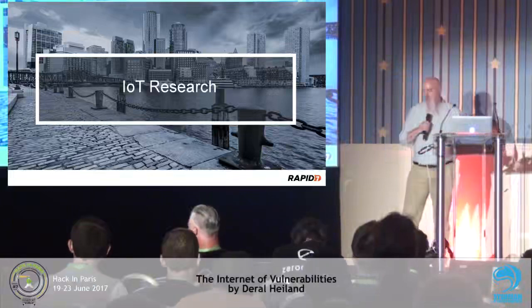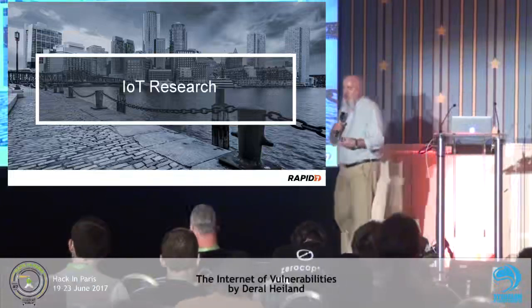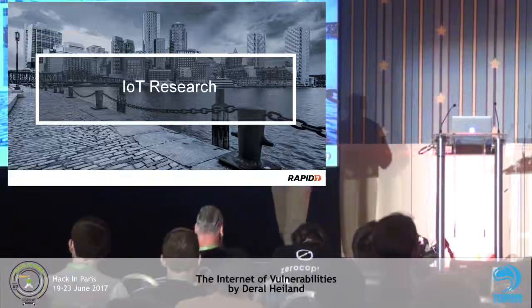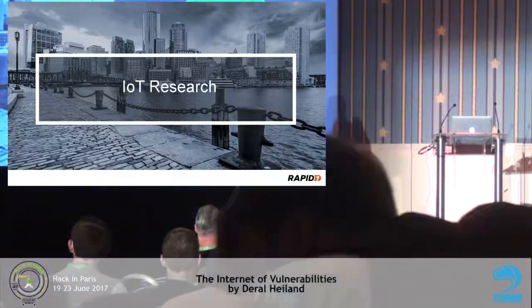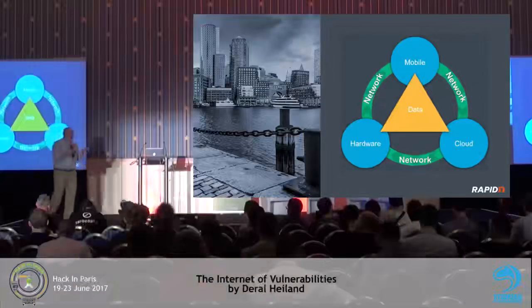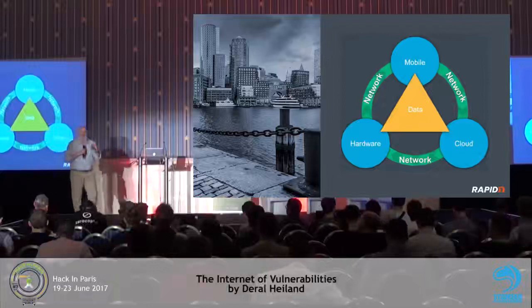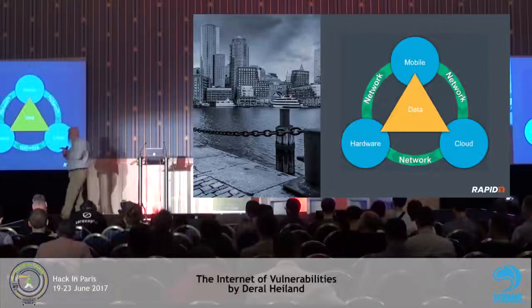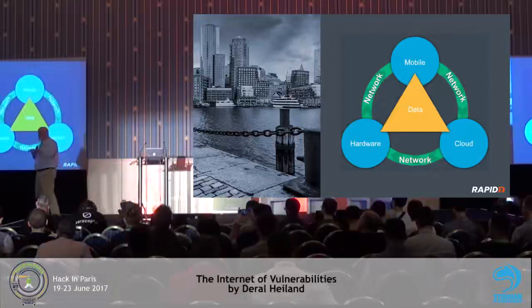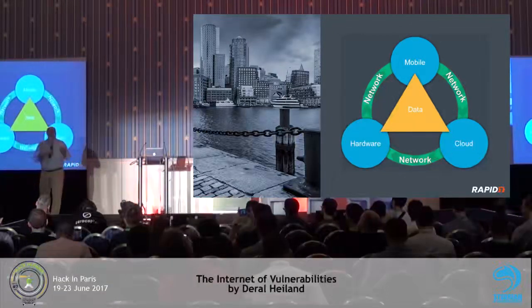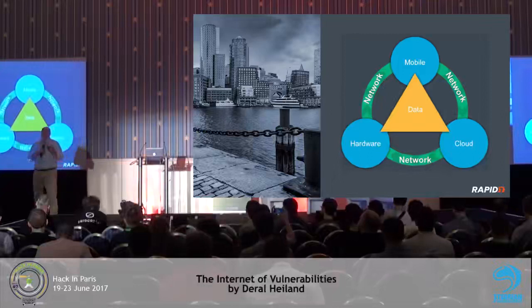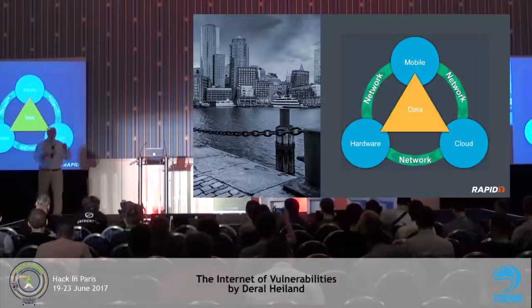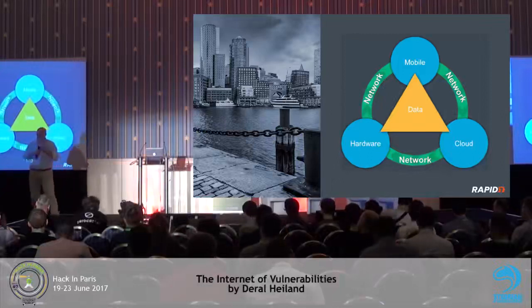So when we get into IoT research and start looking at IoT, almost always there's this heavy focus on the hardware side of it. But when we want to look at the overall security of all of IoT or a particular product's IoT ecosystem, we need to focus on more than just the hardware for it to be effective.